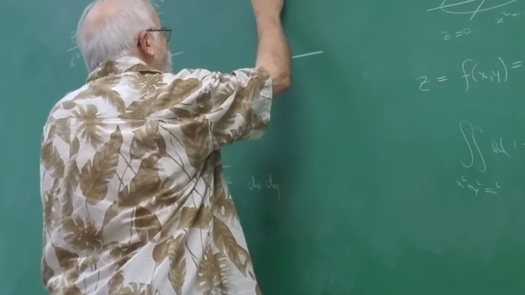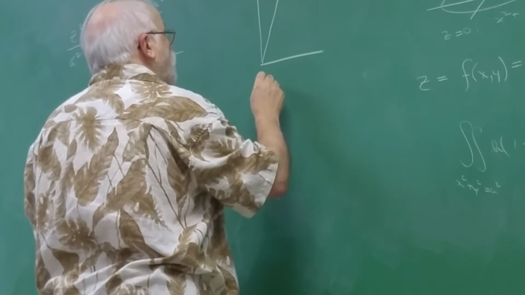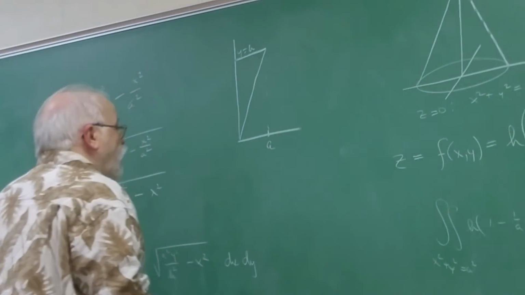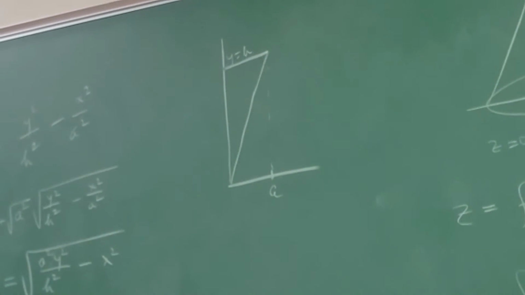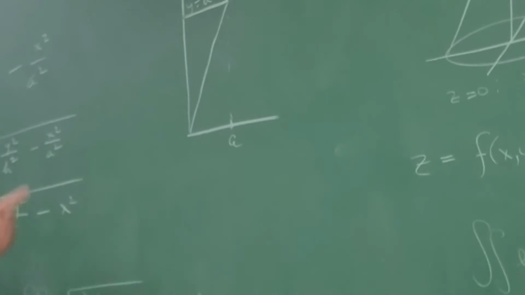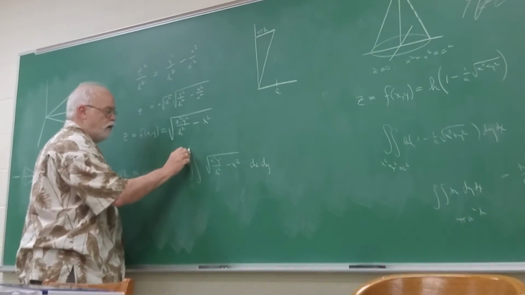The triangle is up here. This is y equals h, and this is a. And so I'm doing dx dy, so my limit's on y. Say 0 to h.